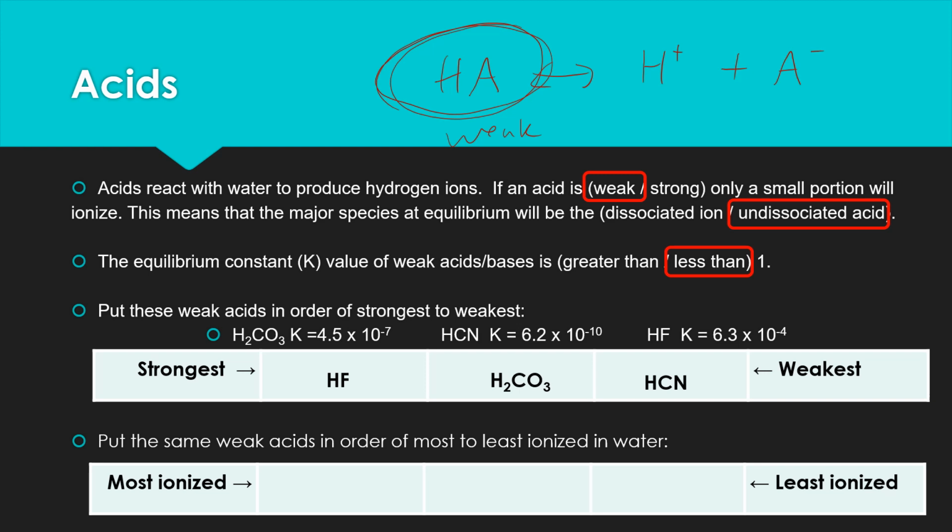So if we want to put these same weak acids in order of the most to least ionized in water, the one that is most ionized or tries to go towards the right the most would also be our strongest acid of the group. So if we want the least ionized, that would be the same one that is the weakest. So our order of these, the strongest to weakest, is also the most ionized to the least ionized.